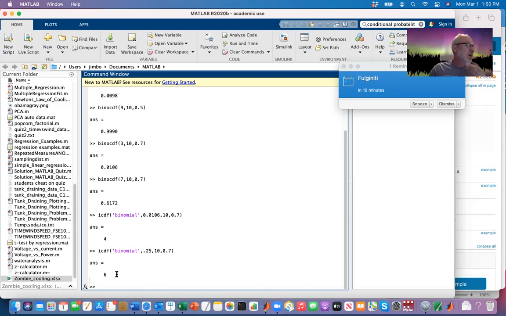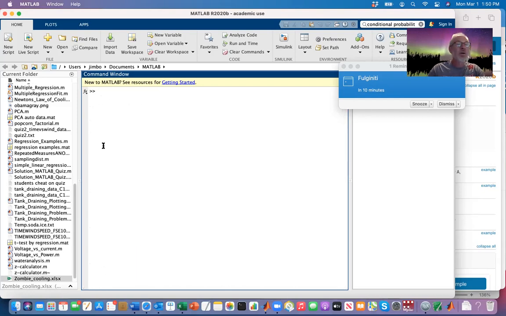All right, we can do it with hypergeometric. Hypergeometric is a little bit different, but we can do Hyg PDF. MATLAB uses different symbols than I do, but this is the value that we're interested in.